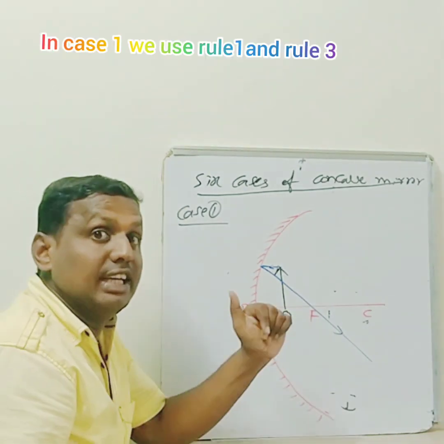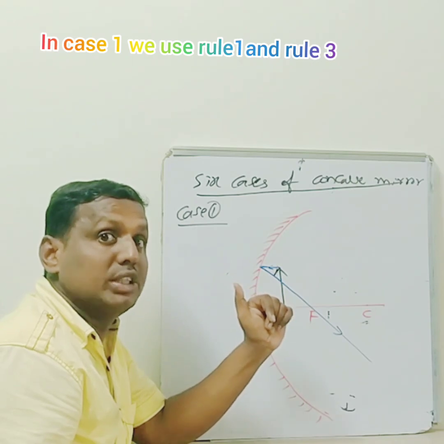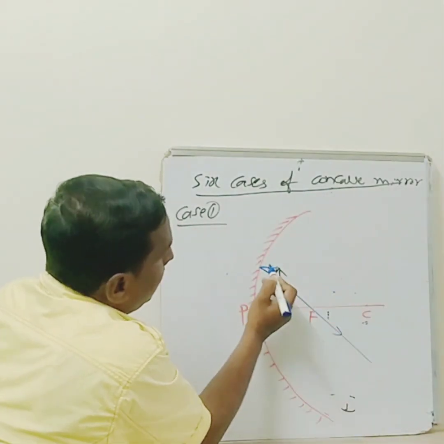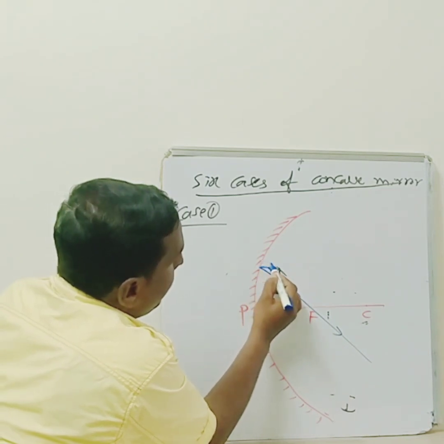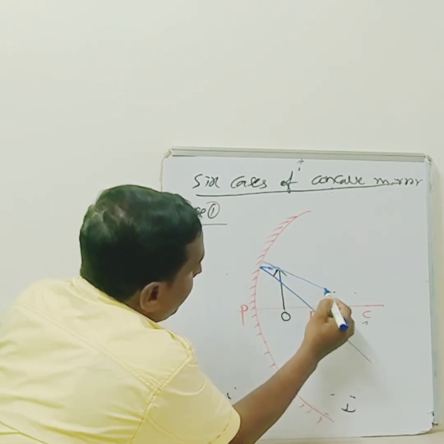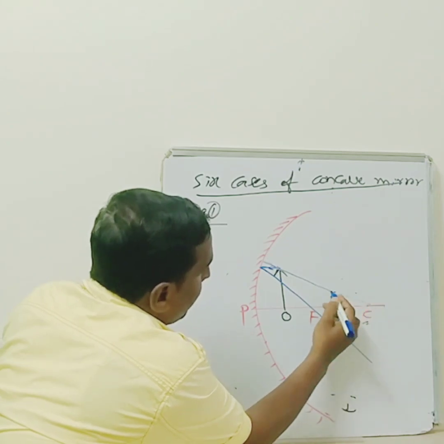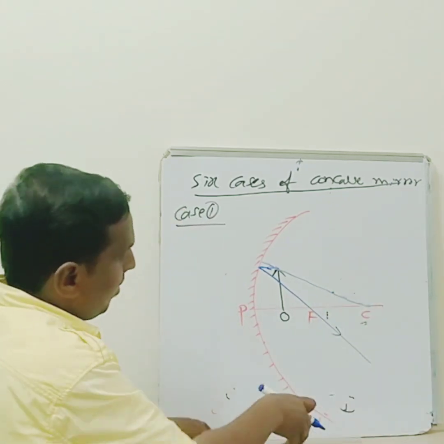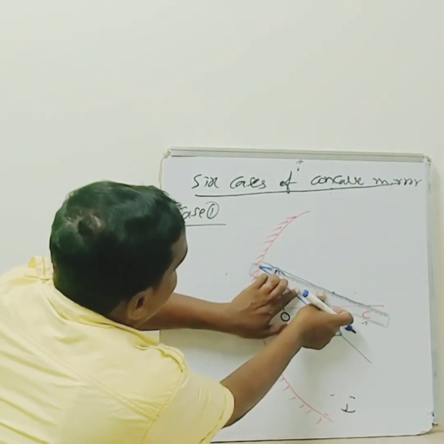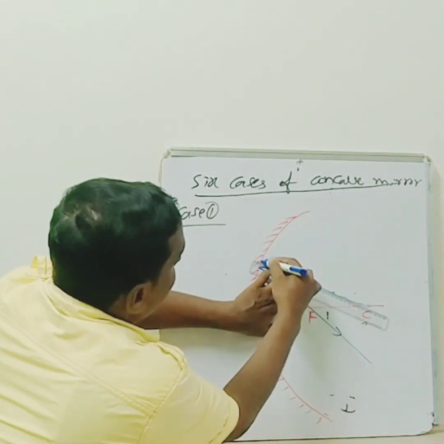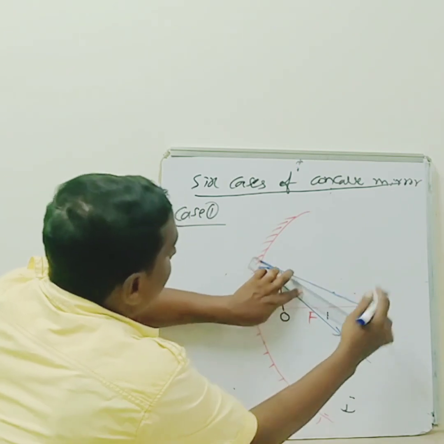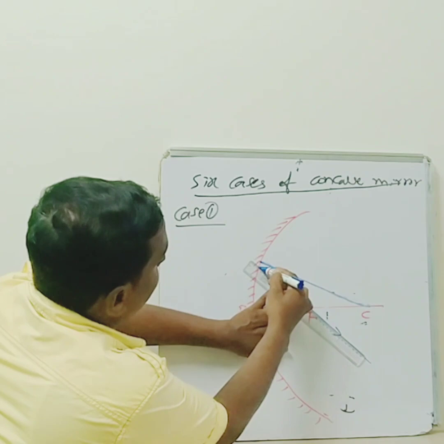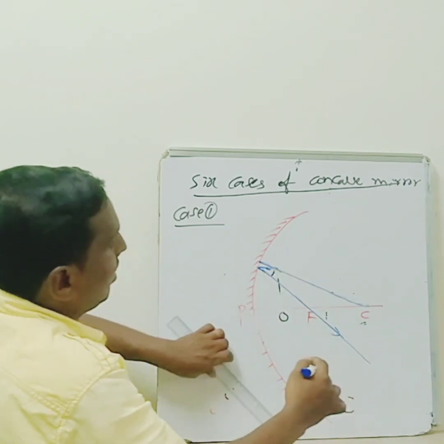Rule 3: when the light ray passes through the center of curvature, here this one. Clear?